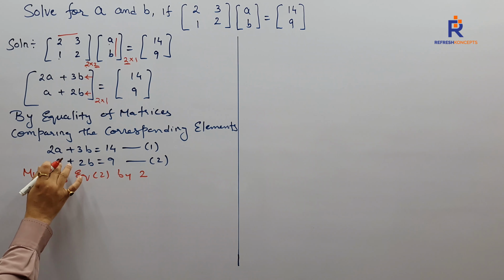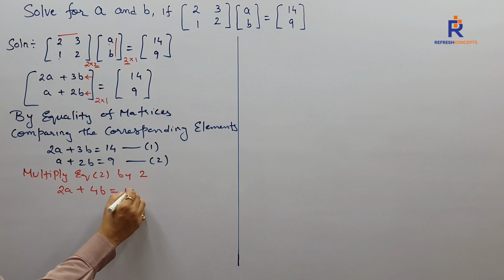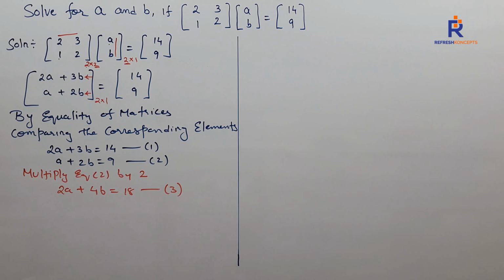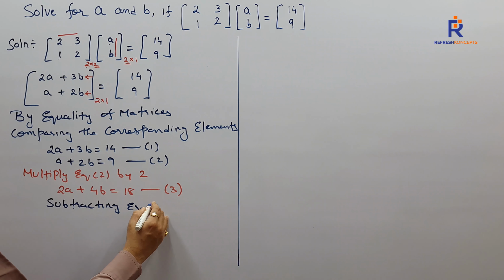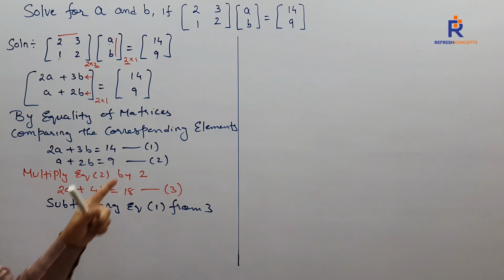This is A, so it is 2A plus 4B is equal to 18. Let's call this equation number 3. Now 1 and 3 is what we have. Subtracting equation 1 from 3, what do we get?